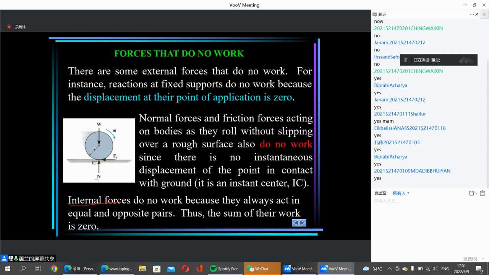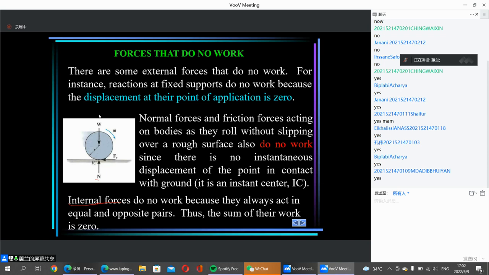Besides internal forces, some external forces sometimes also do no work on the rigid body. For instance, the normal force when the disk is rolling does no work on the rigid body. Why?